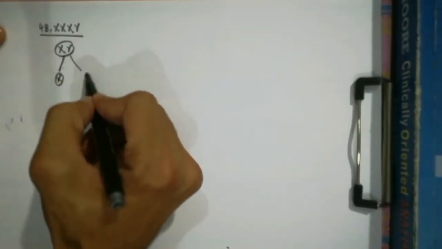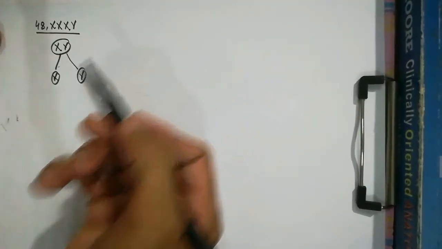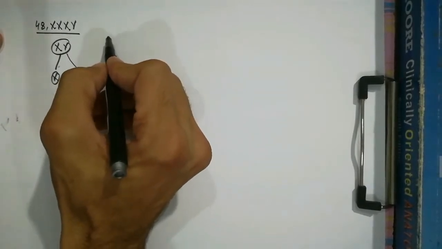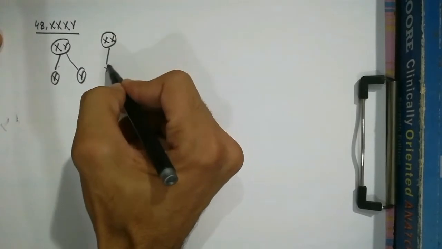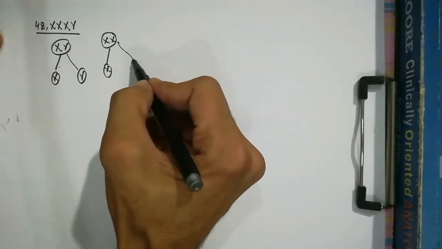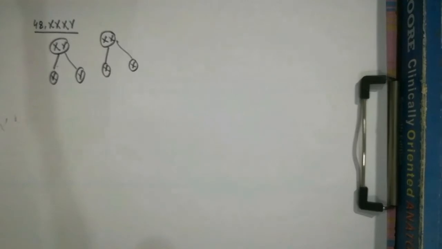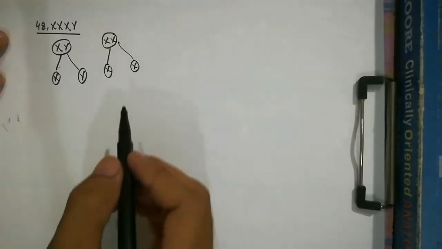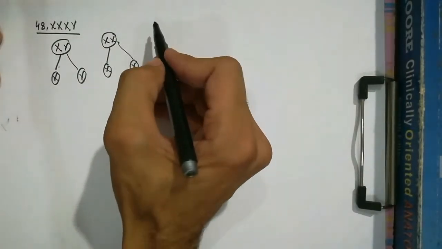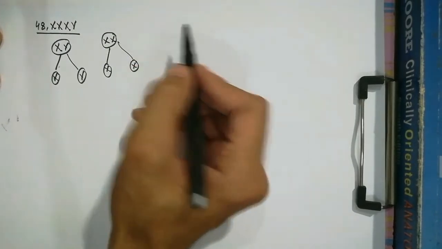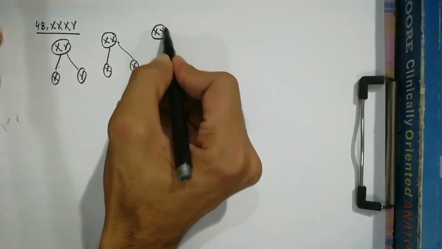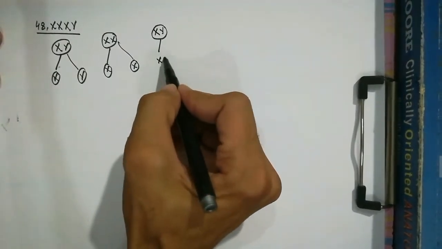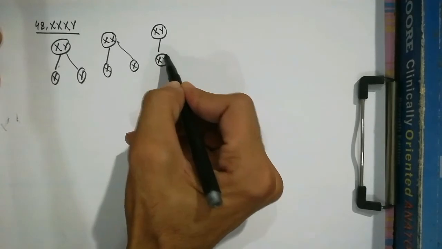These are normal male gametes and these are normal female gametes, and these are abnormal male gametes.